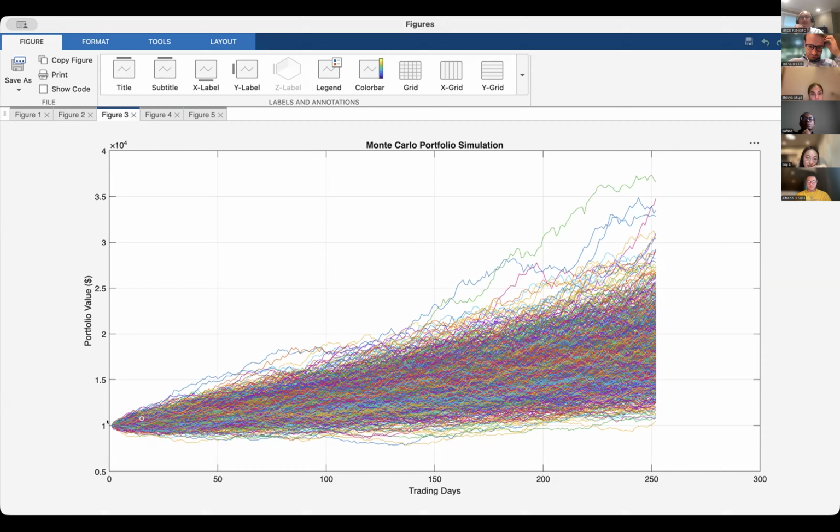This is divided into 1,000 simulations, and all of them start from the same initial investment, which is 1,000 we set in the very beginning. We can see all of them have a very strong growth trend.